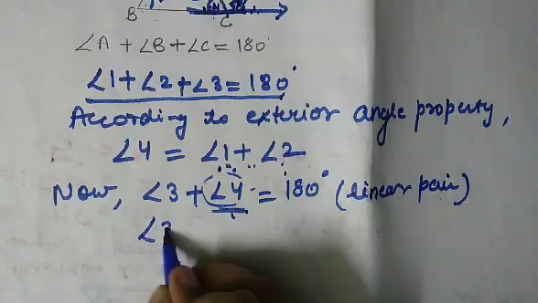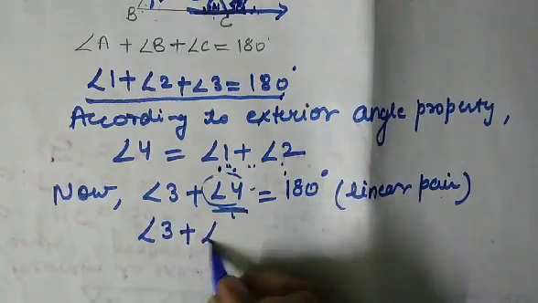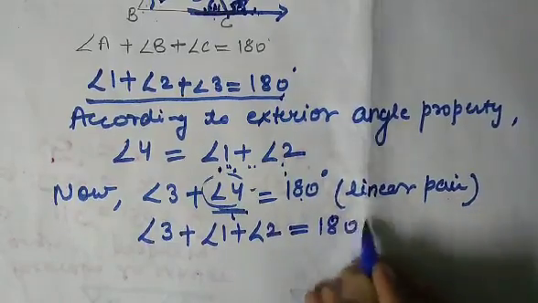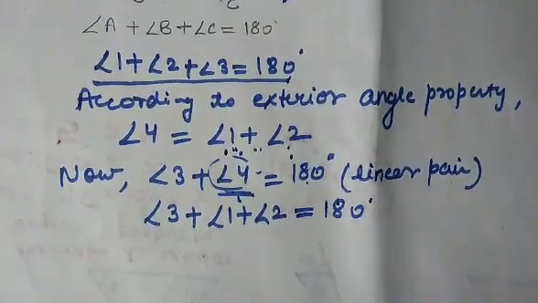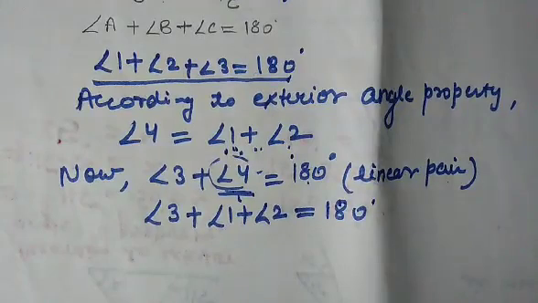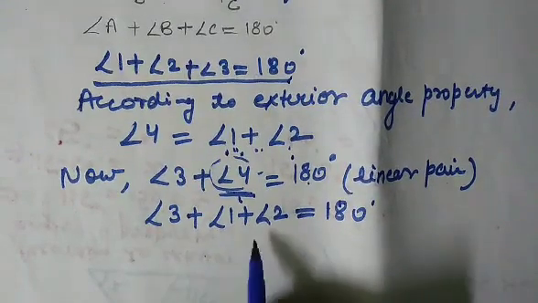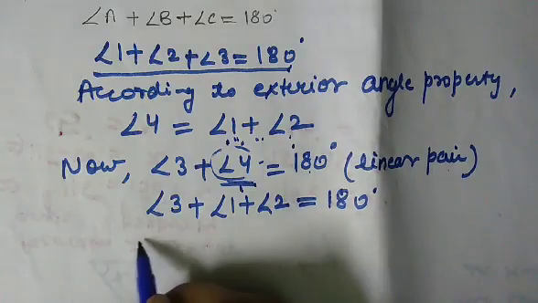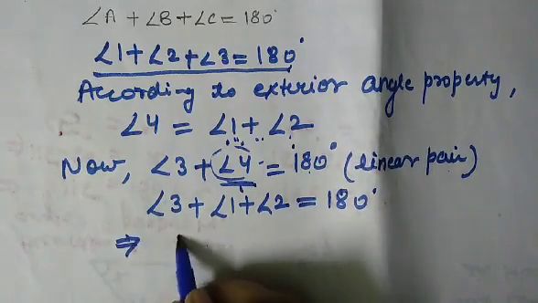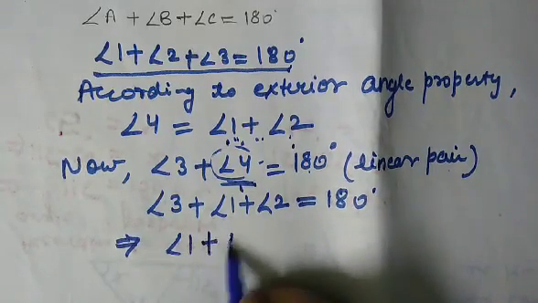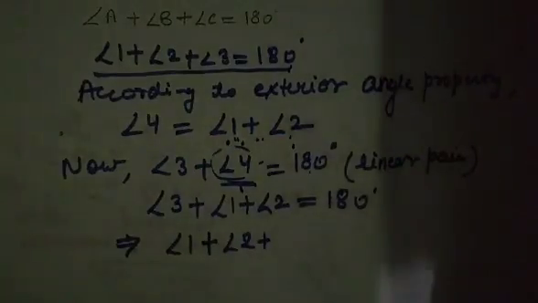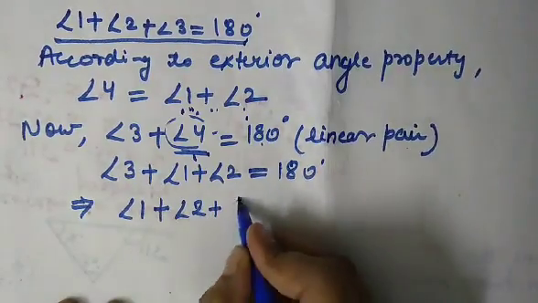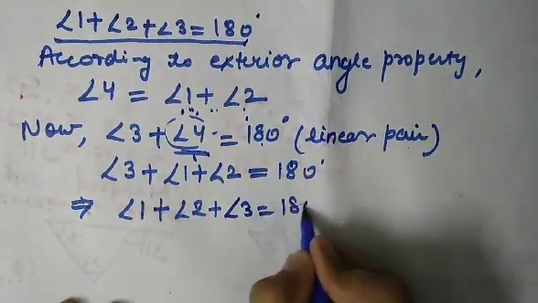In place of angle 4, I am writing angle 1 plus angle 2 and this will remain same. Now as addition follows commutative law, we can rearrange them. So that implies we can write this as angle 1 plus angle 2 plus angle 3 equal to 180.